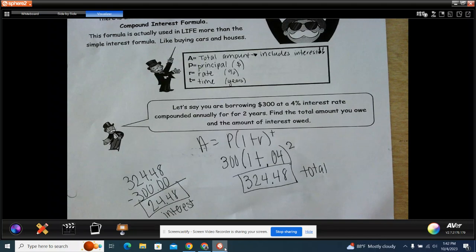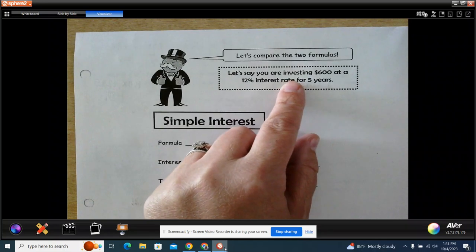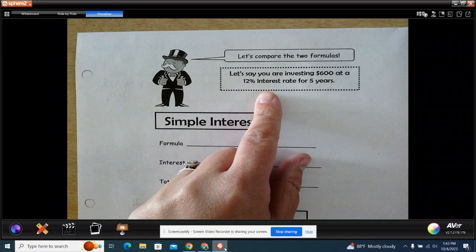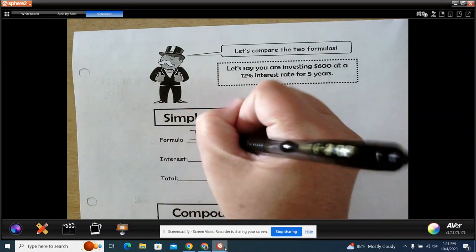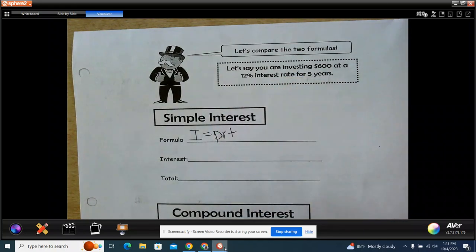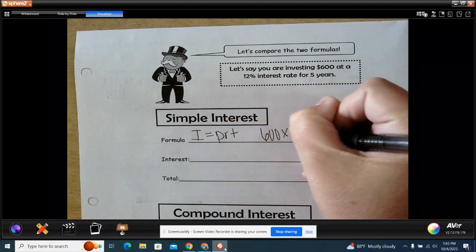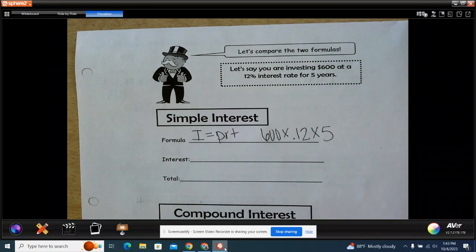So let's now compare our two formulas by using the same information. So we can kind of see the difference between the two. So let's say you're investing $600 at a 12% interest rate for 5 years. So my formula for simple interest is I equals PRT. So we're going to multiply our principal, which is 600, times our rate, which is 0.12, times our years, which is 5.